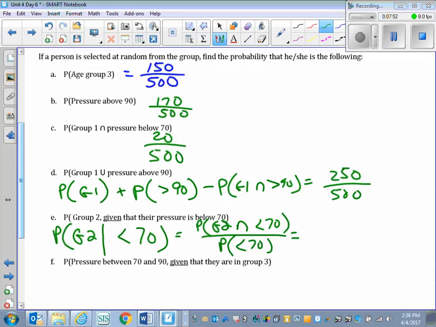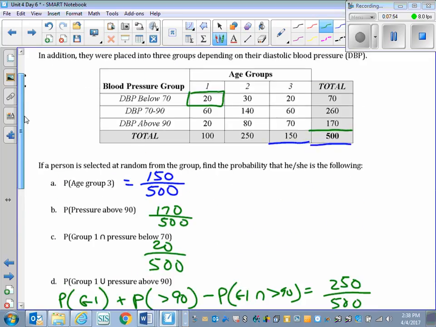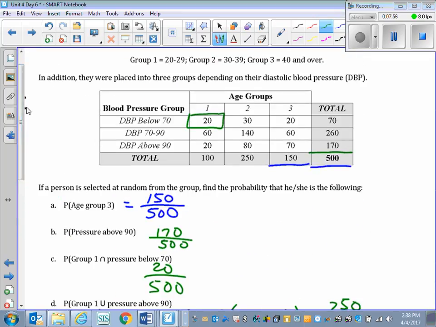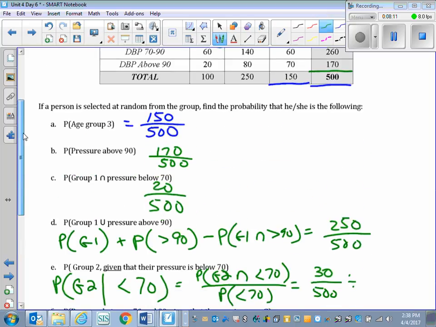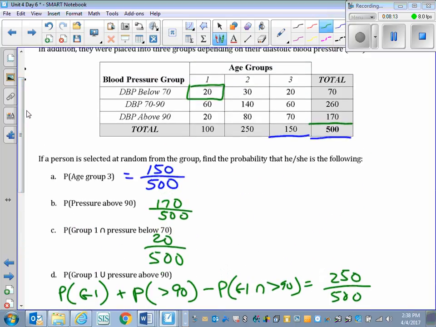The probability that they're in group 2 and their pressure is below 70 is 30 over 500. And that's divided by the probability that their pressure is less than 70.